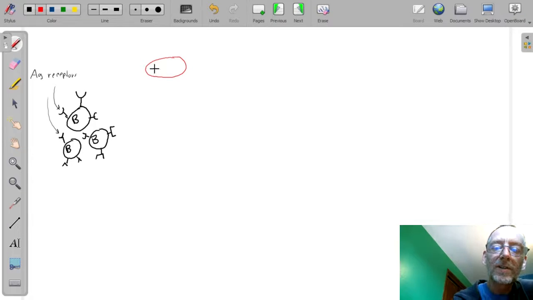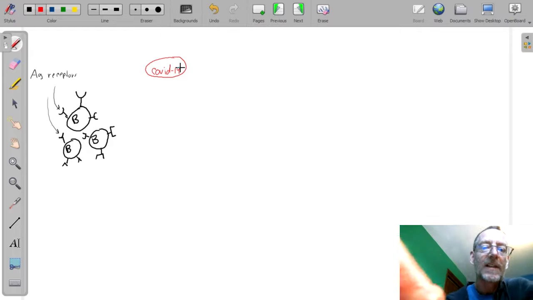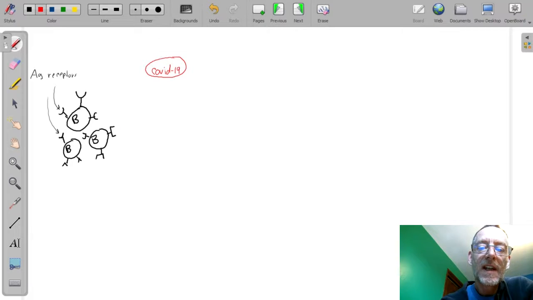COVID-19 is rather large because I have to be able to write in it. So there's our COVID-19 virus causing the pandemic that we're living through now. It's a coronavirus. You may have seen electron micrograph pictures or artists' pictures, but the way it got its name was it just has all these little spiked proteins on the outer surface.